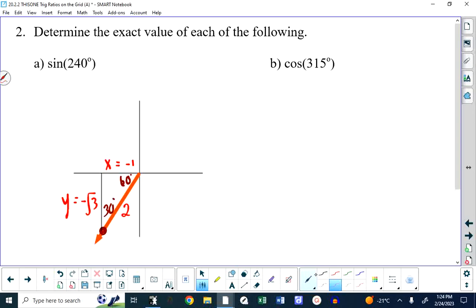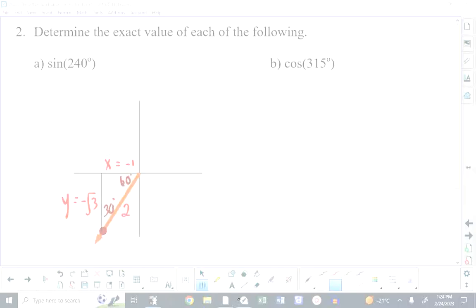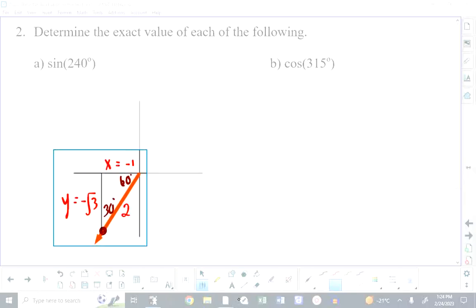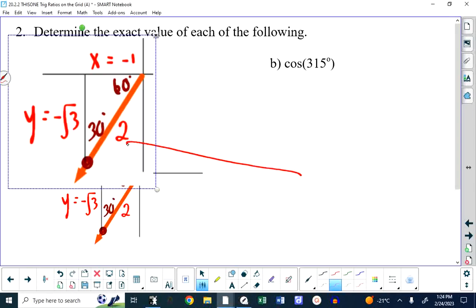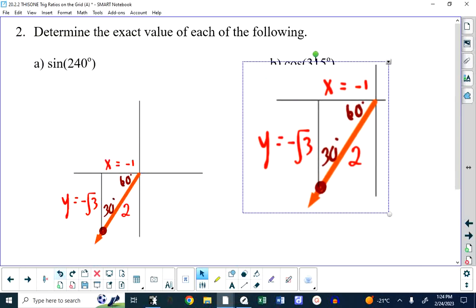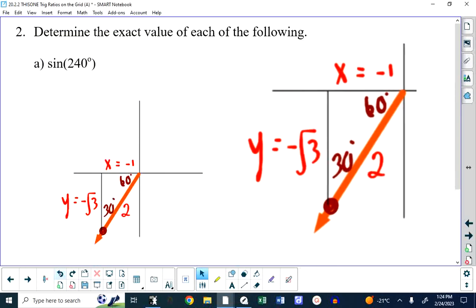What we're talking about here is looking at this triangle. I'm going to get rid of this in a second. I'm not going to keep this mess up here.